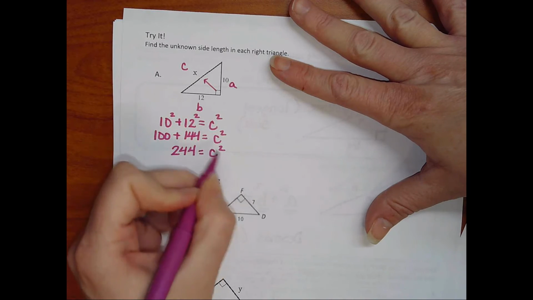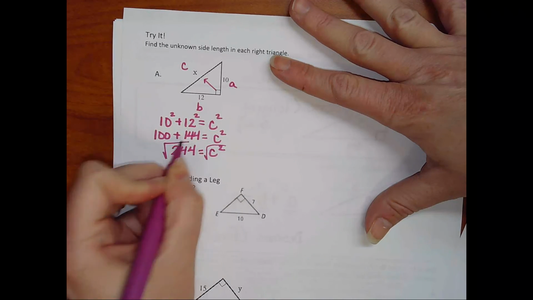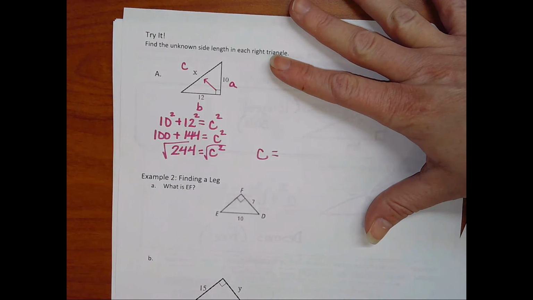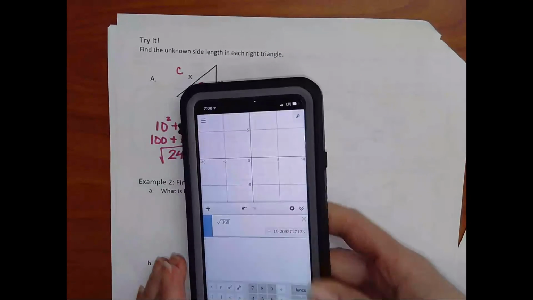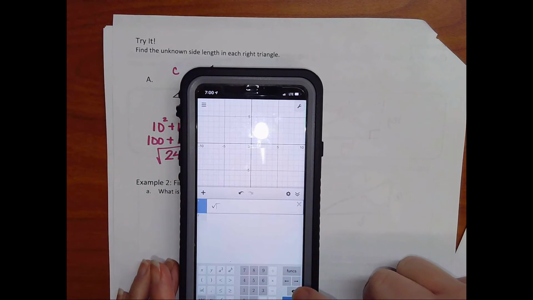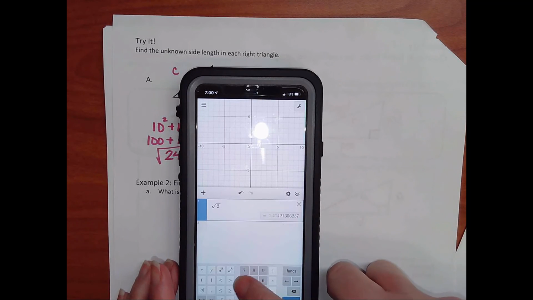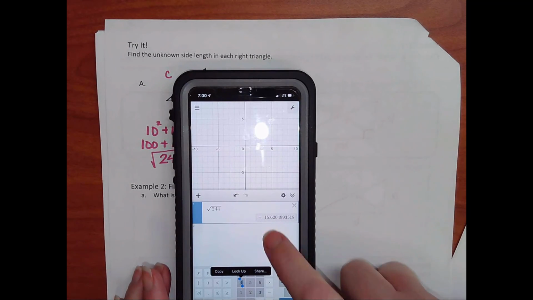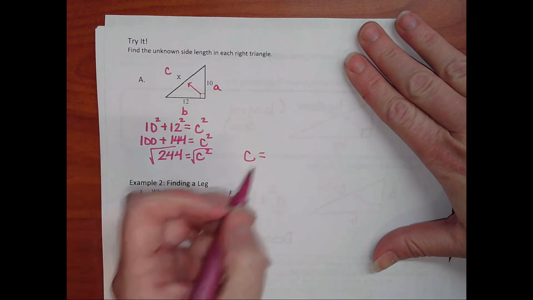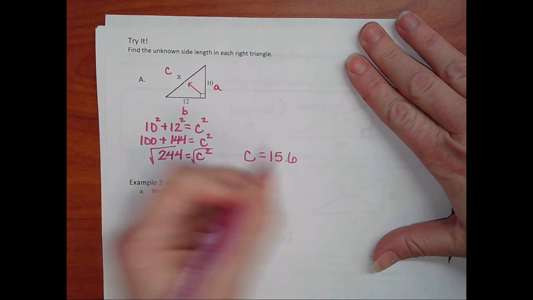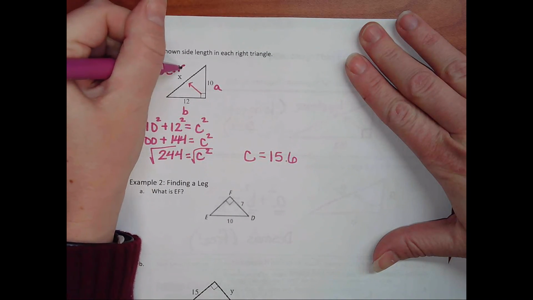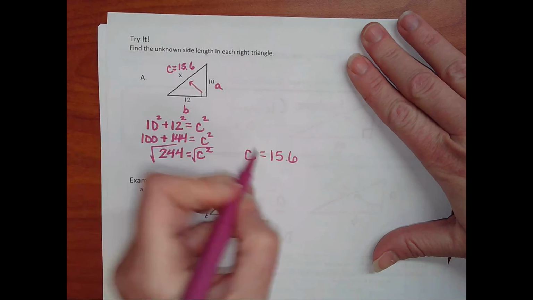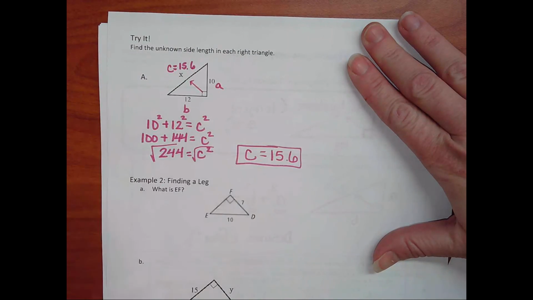Once you get to this point, now you have to take the square root. So C is going to equal square root of 244, which is 15.6. Again, let's make sure that makes sense. Does it make sense that that is 15.6? Yes, because it's the longest side.